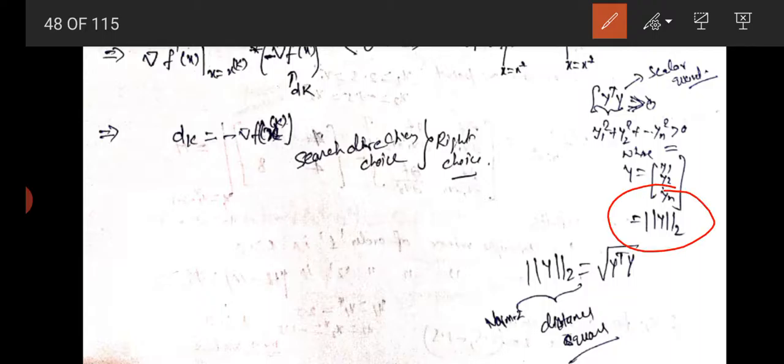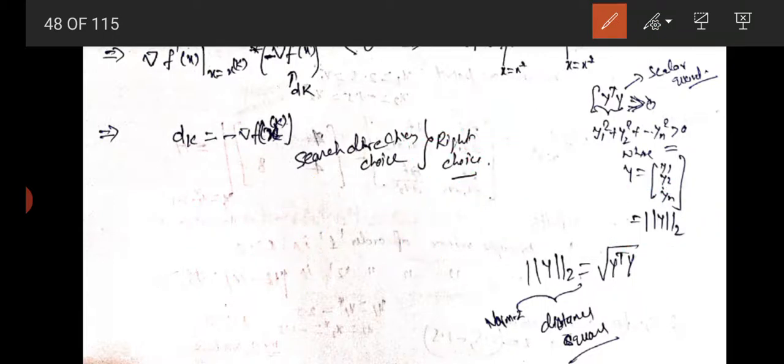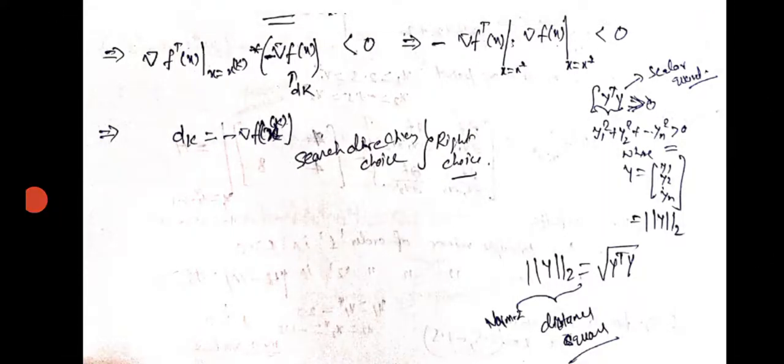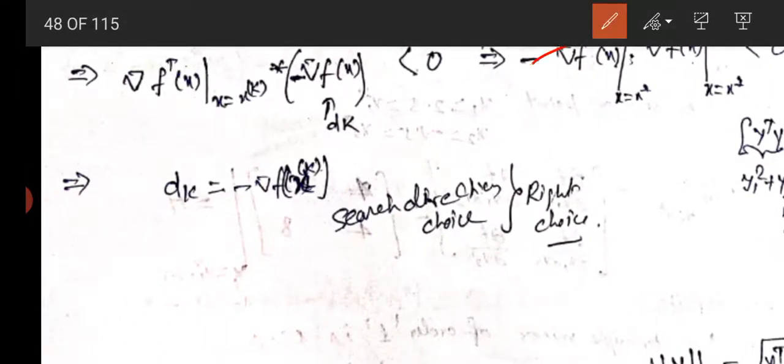What is the second norm? The second norm is defined as the square root of y transpose y. It is always a positive value. When it is a positive value multiplied with the negative value, it always gives less than or equal to 0.